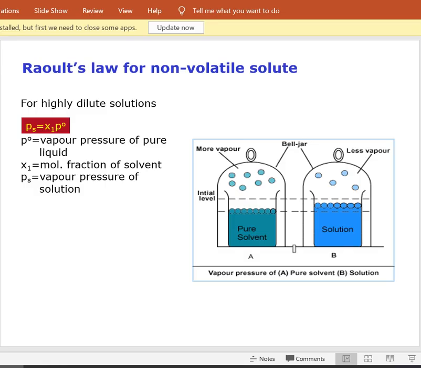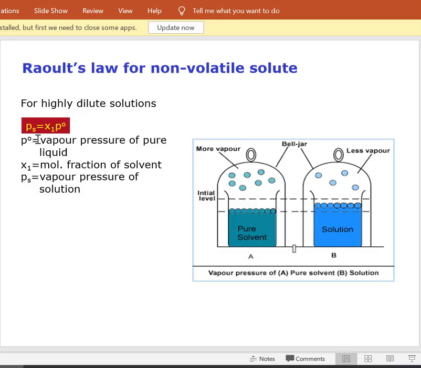So total vapor pressure of a solution depends upon the solvent, not on the non-volatile solute. Therefore vapor pressure of a solution containing non-volatile solute is directly proportional to the mole fraction of the solvent.